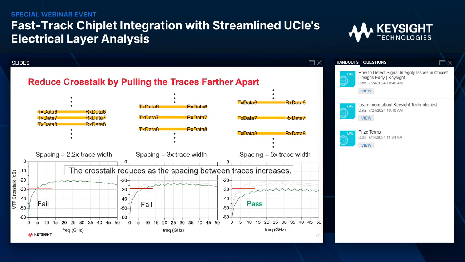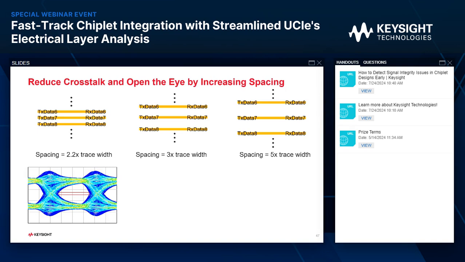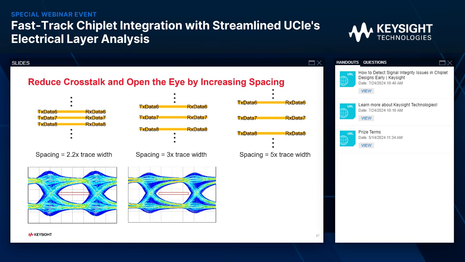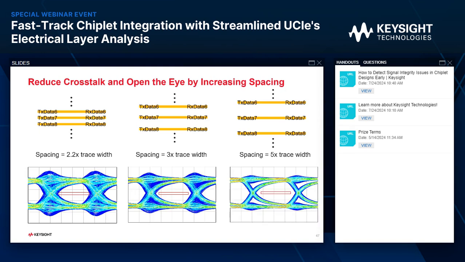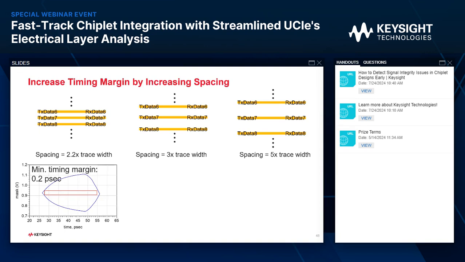Similar thing for the eye. As we increase the spacing, we should see the eye slowly open up. And there it is. The eye really opens up when we increase the spacing between the traces. Finally, I want to show you the minimum timing margin, starting at 2.2 trace width apart. That's 0.2 picosecond.